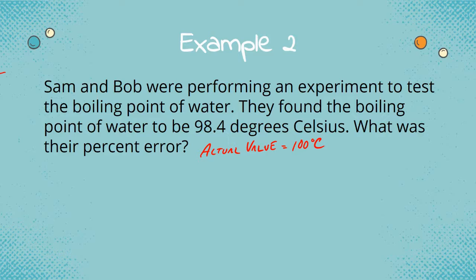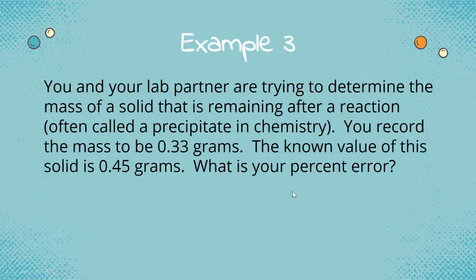And so with this, let's go through our percent error. Remember, our percent error should be equal to our actual value minus our experimental value divided by our actual value. That would mean it's 100 minus 98.4, divided by 100, and then times 100%.